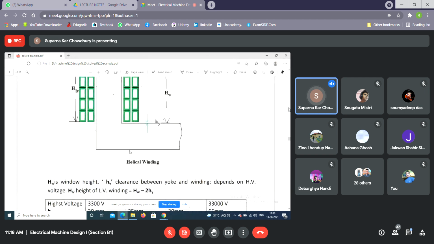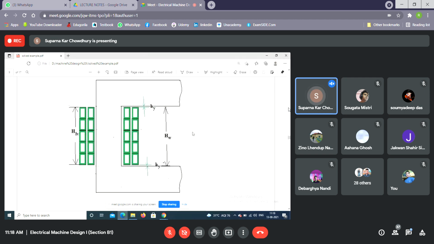Now for the helical, actually what is the difference between a helical and the spiral winding? Both are just wound around the core. There is no gap between the successive turns. Now in helical winding, an intentional twist is given to the turn.